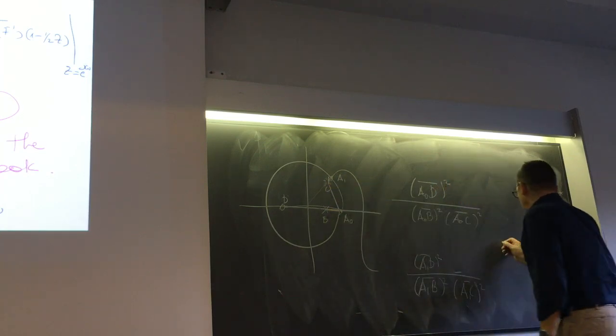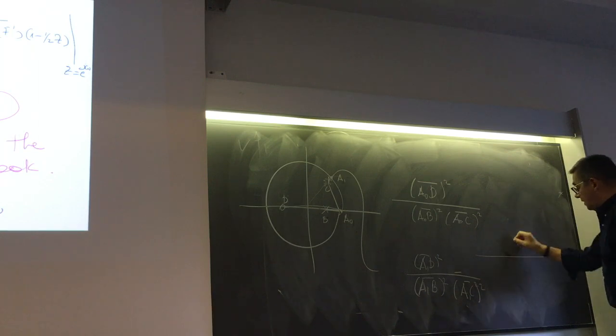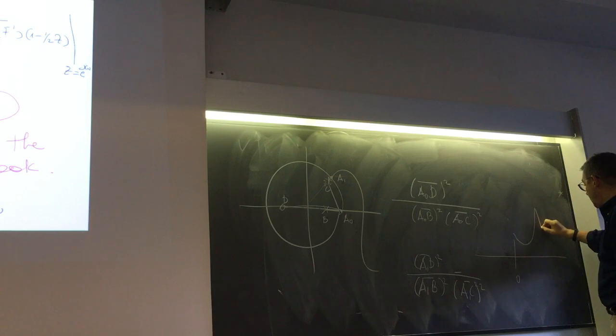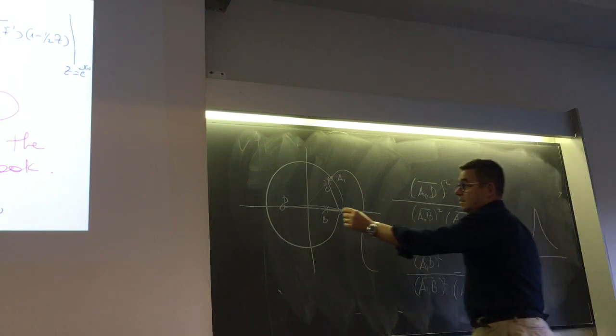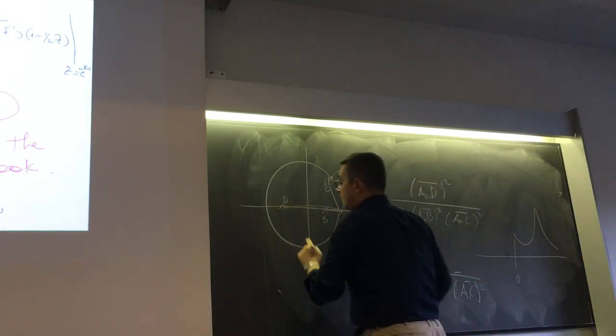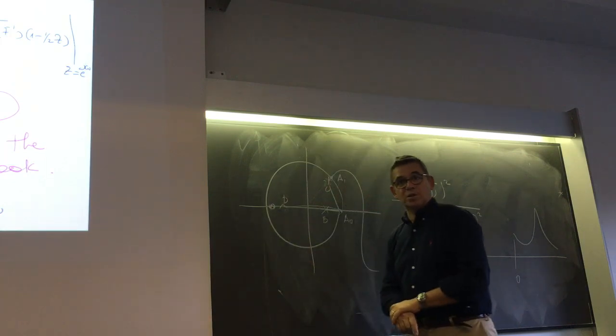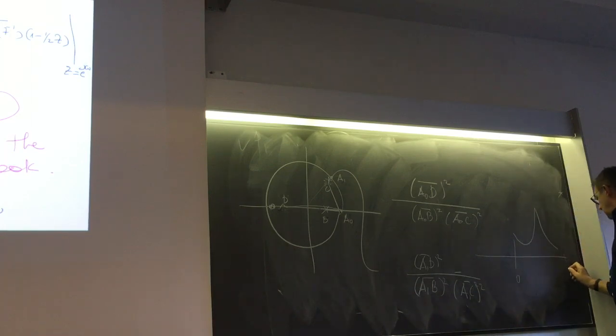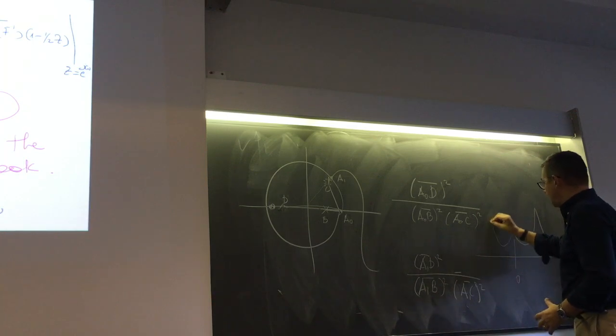In my power spectral density, this is 0, so I expect a moderate resonance in B, then a big resonance in C. Since D is a zero very close to the circle, when I am at pi it shrinks to 0, or very small. So the behavior that I expect is this, with the appropriate symmetry.